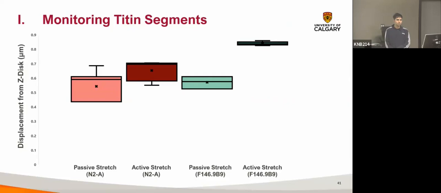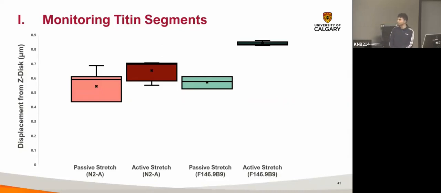So that would indicate that maybe there is some binding there or some shortening there, but also that the proximal segment would contribute to the elongation in the passive state at very short sarcomere lengths. Because if it didn't contribute, then it wouldn't really matter if it binds or not.